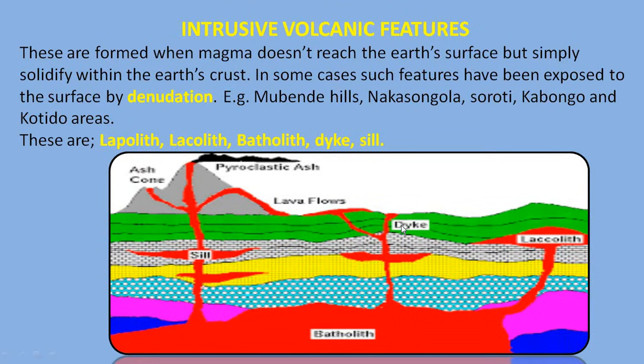So we have the dike, the batholith, the sill, and the laccolith. These are features formed within the earth crust. Magma solidifies within, does not reach the earth's surface.